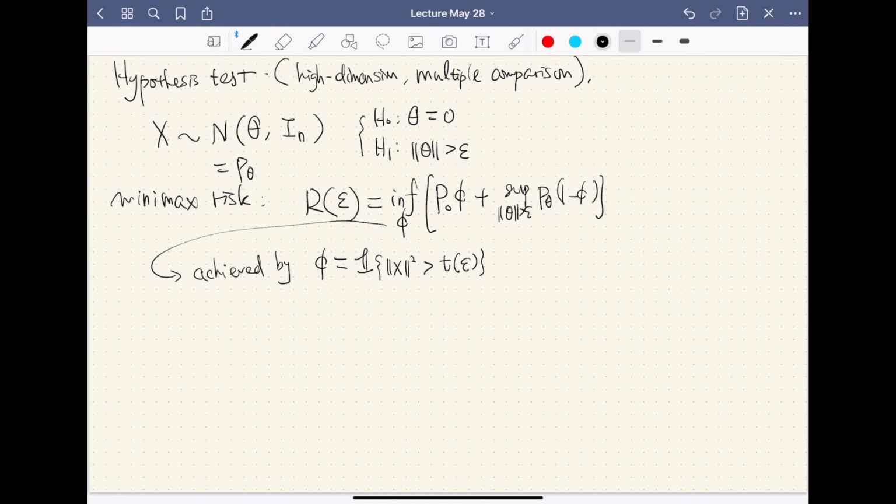So first of all, you can actually prove it is an upper bound, right? So this is smaller than or equal to the error introduced by the chi-square test. Just take the chi-square test here.